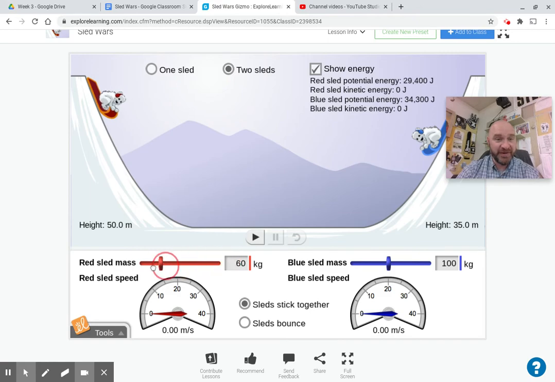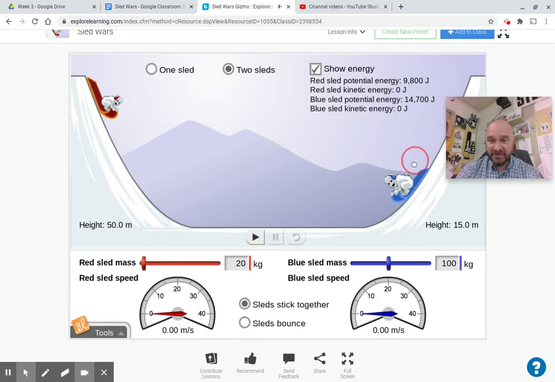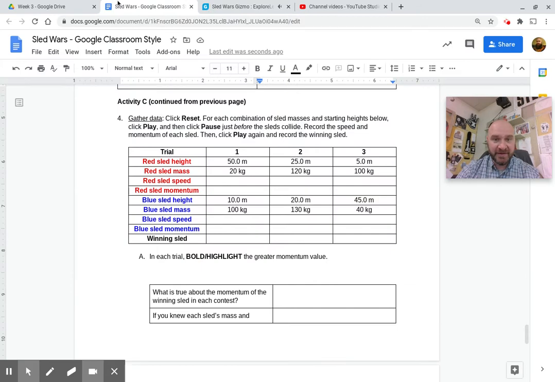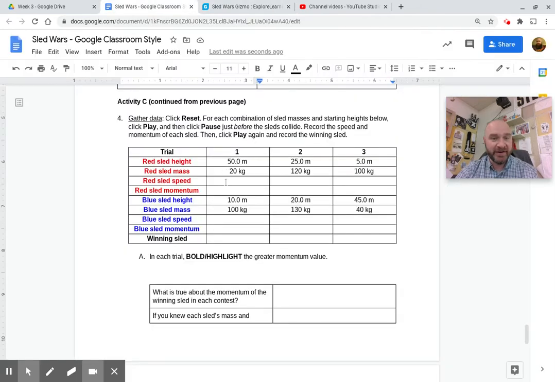Look, big snowman, little snowman. Okay, good. Then the blue is going to be at a height of 10, and then a mass of 100. Good. So small mass, big height, low height, big mass. Which one is going to win? All right.